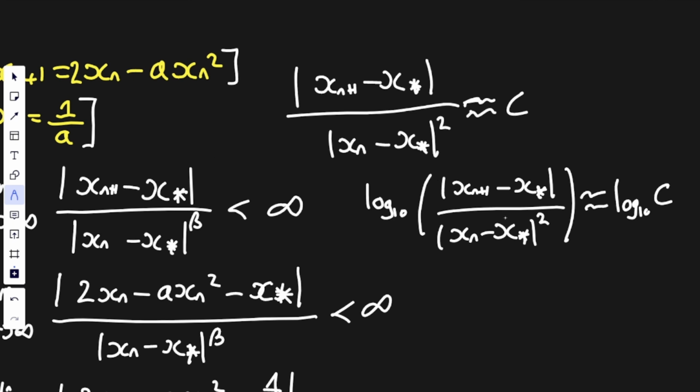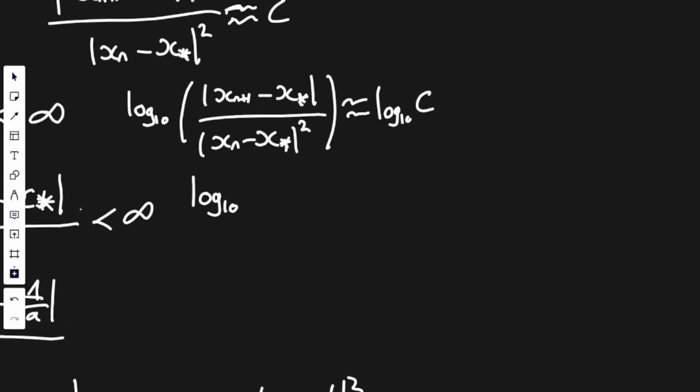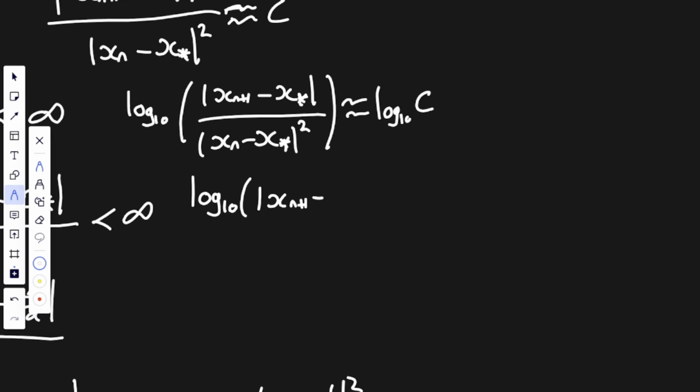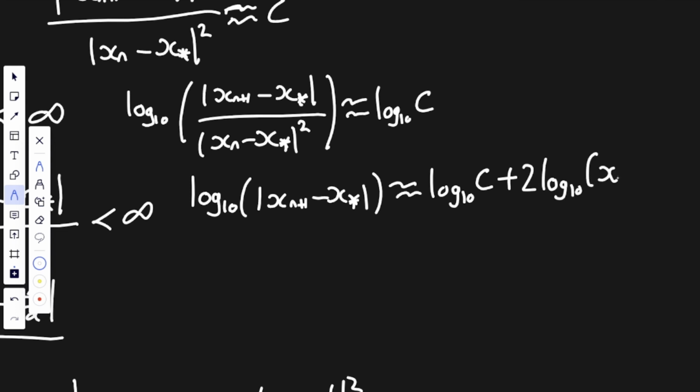And well, splitting the log up, bringing the log to the other side, and bringing down the 2 from this power, you're going to get that log 10 of xn plus 1 minus x star is roughly equal to log 10 of c plus 2 log 10 of xn minus x star.